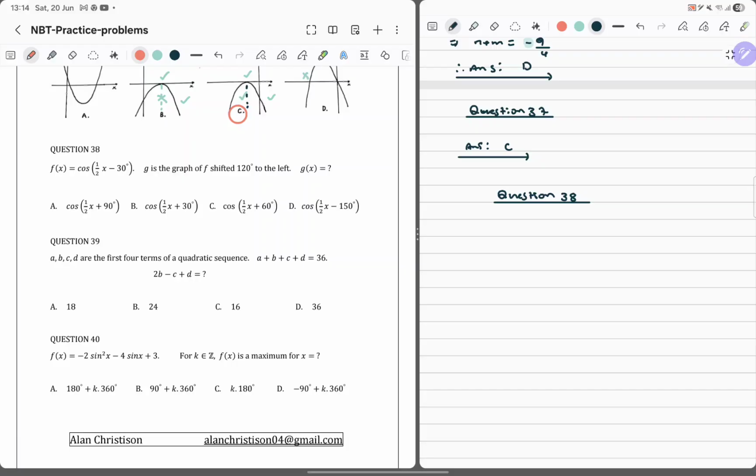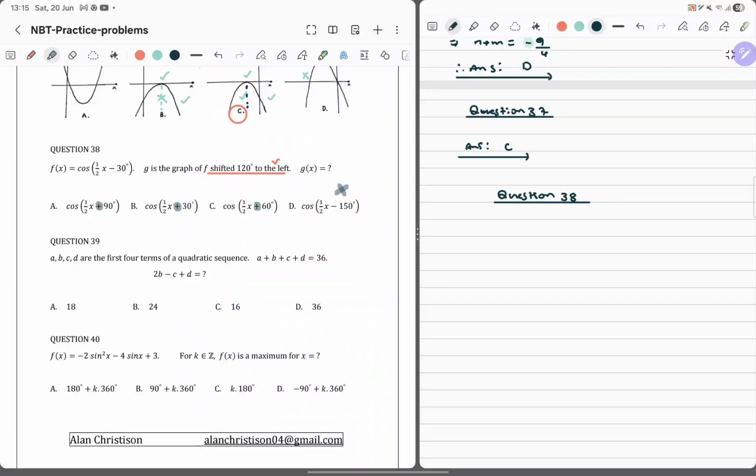All right, so this one says f of x is equal to cos of a half of x minus 30, and g of x is the graph of f shifted 120 degrees to the left. So g of x is going to be, right, if we shift to the left, we expect a plus. We expect a plus. So this is already out.